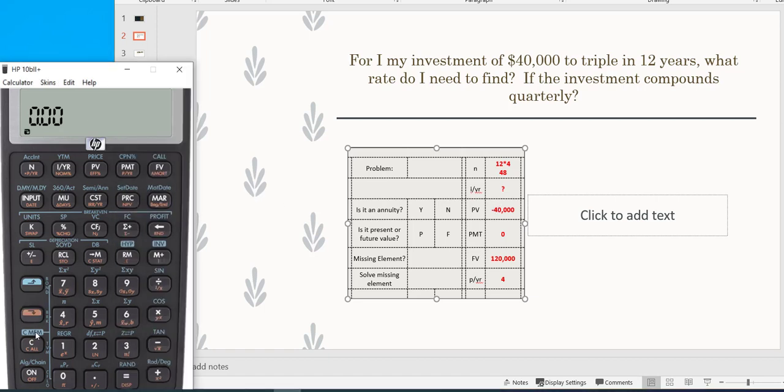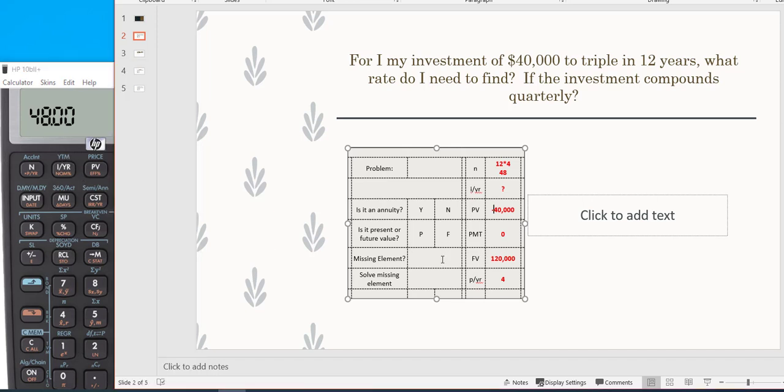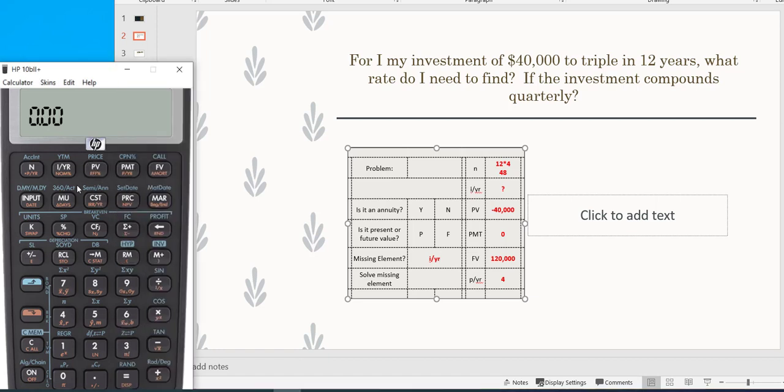So let's go ahead and calculate this. Clear your calculator if you haven't already done so. My N is 48. My IYR I'm looking for, so I'm not putting anything in there. My missing element was my IYR, or your rate, whichever way you want to put it. My present value was the 40,000, and I need to put that as negative.